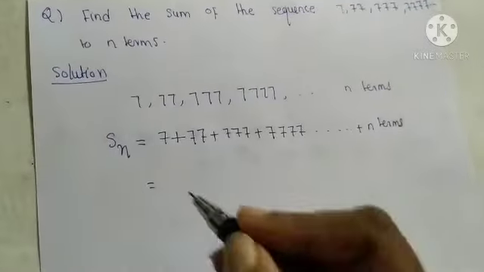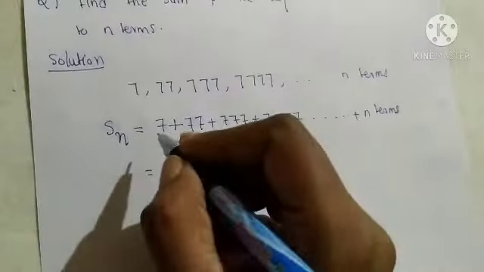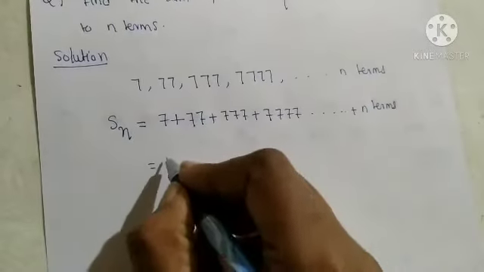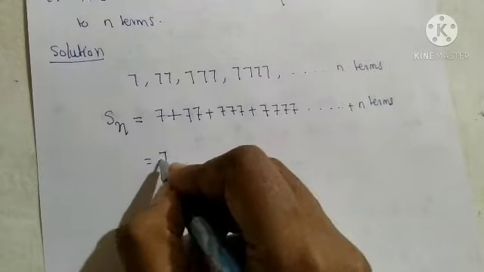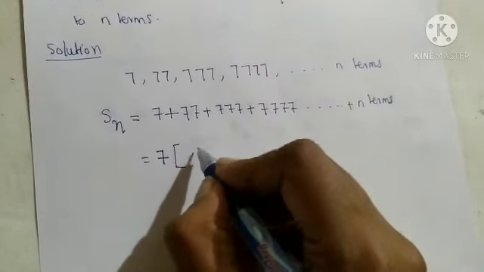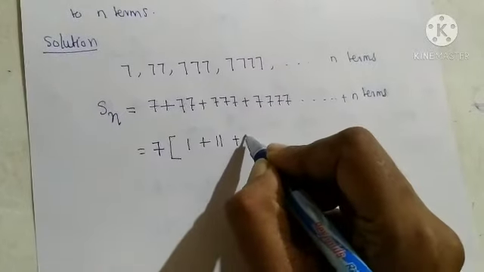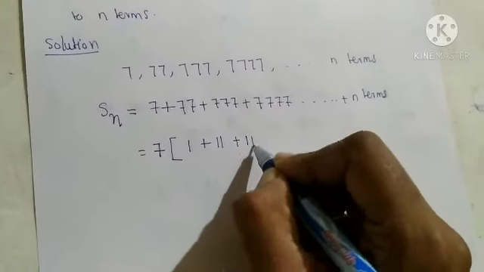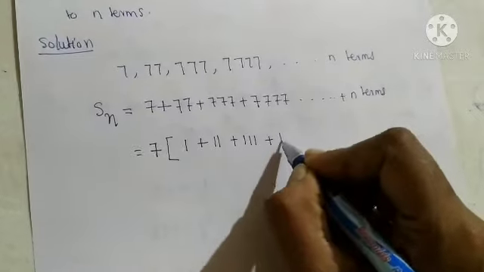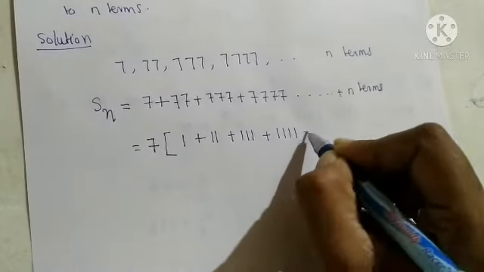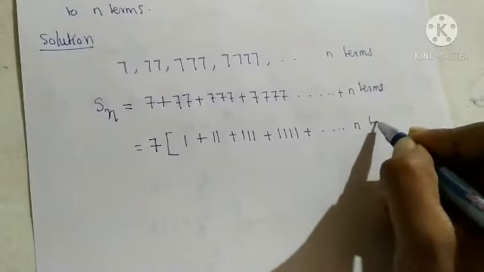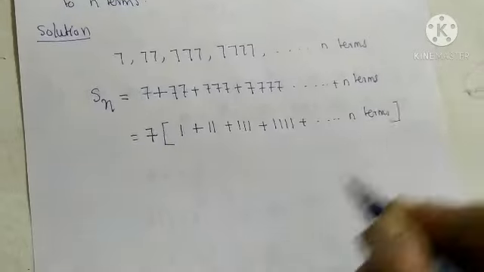So here we can see that 7 is common. So taking 7 out from these terms, we get 7 into (1 plus 11 plus 111 plus 1111 plus etc. to n terms). Okay.